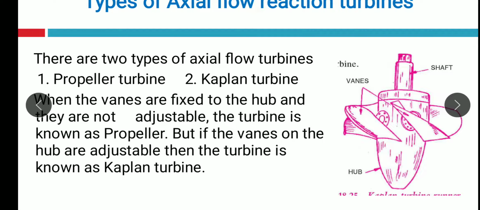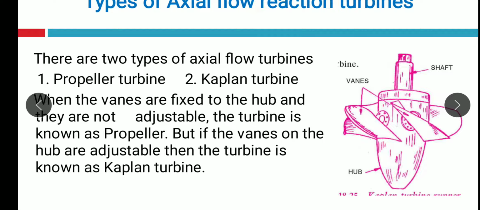The propeller and Kaplan turbines are classified based on the movement of the vanes. If the vanes are fixed to the hub and they are not adjustable, then the turbine is known as propeller. If the vanes on the hub are adjustable, then the turbine is known as Kaplan turbine.